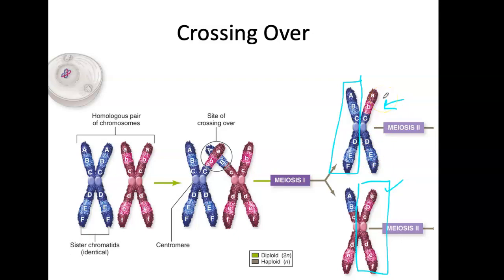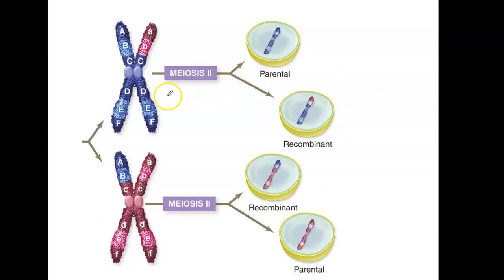And then that shuffling happens for every single one of those pairs of chromosomes that you have, 22 pairs plus the sex chromosomes. This is just showing exactly what I was saying. Once we divide these, one cell looks just like dad for that particular chromosome. This one down here looks just like mom. The other two have a combination of both.